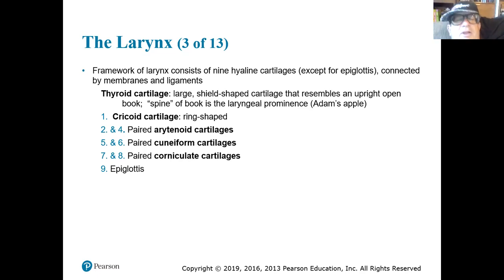The corniculate and the arytenoid are really separate cartilages, but think of the corniculate as a cap, a hat that is on top of the arytenoid. It's just sitting there. The muscles are pulling on the arytenoid, they're not pulling on the corniculate.